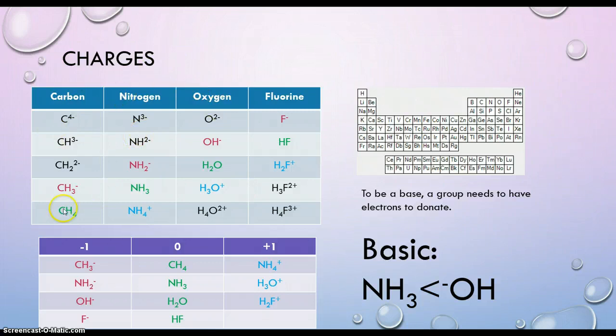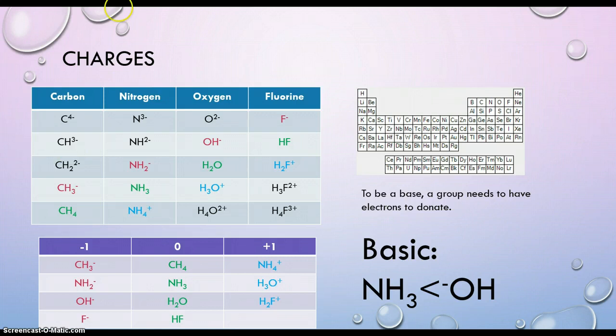So here we have the charges of these four elements right here: carbon, nitrogen, oxygen, and fluorine. If you strip everything off of carbon and just have it in its natural state, it's a C4 minus. Now that doesn't exist because that's way too strong of a base to not interact with anything.